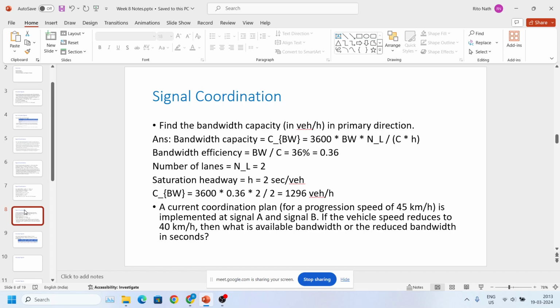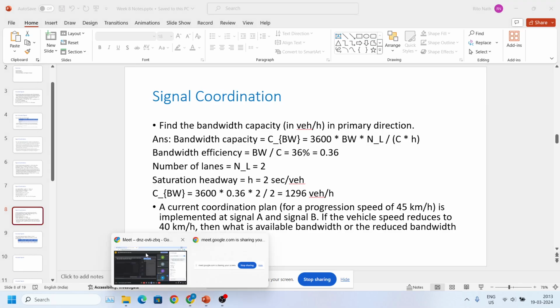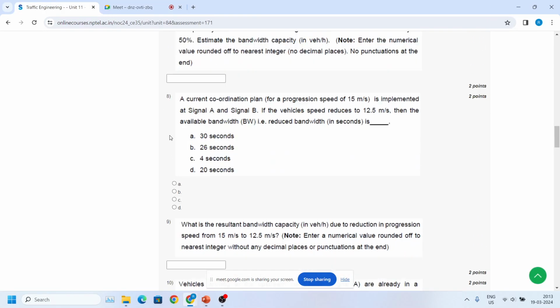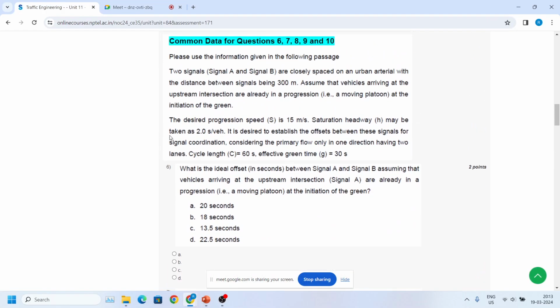In fact, it can be found directly from the effective bandwidth as well. Let me just check the assignment. Okay, it's a slightly different problem.